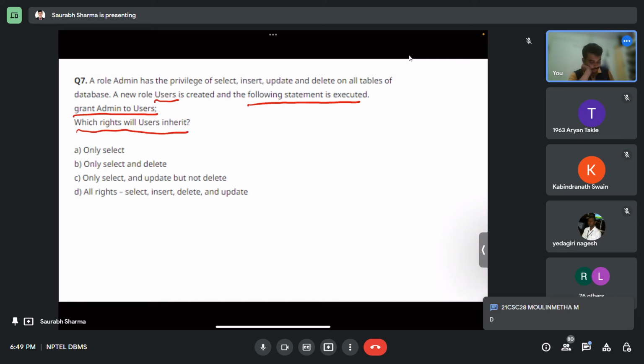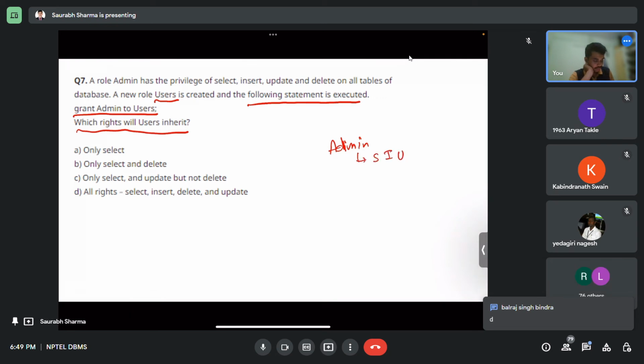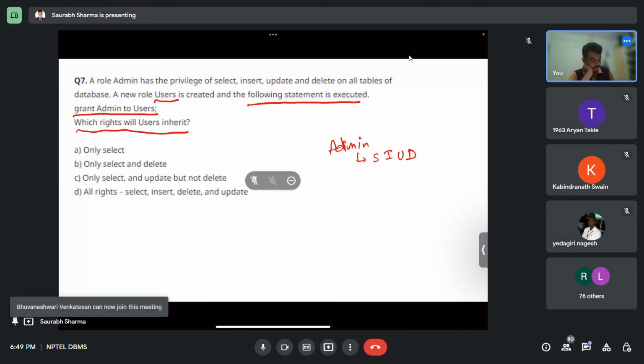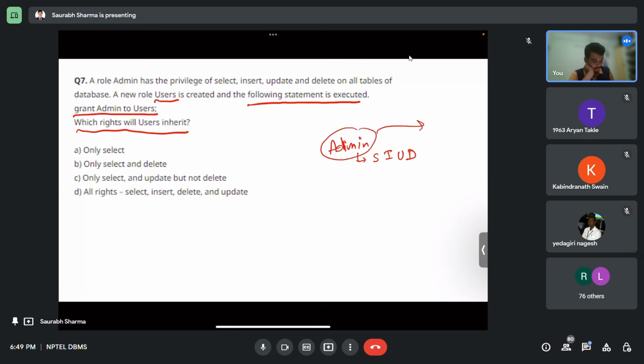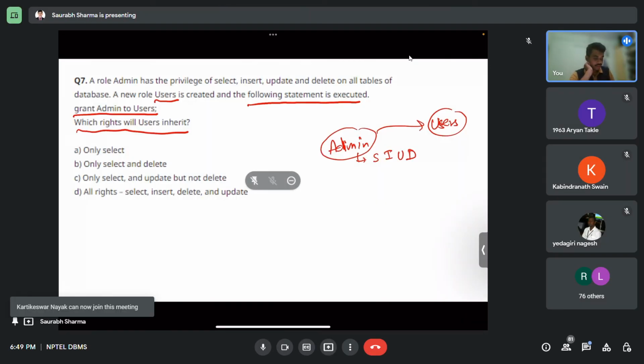If we see admin, admin has all rights: select, insert, update, delete. Now we are granting this to users. So the user is virtually now an admin.